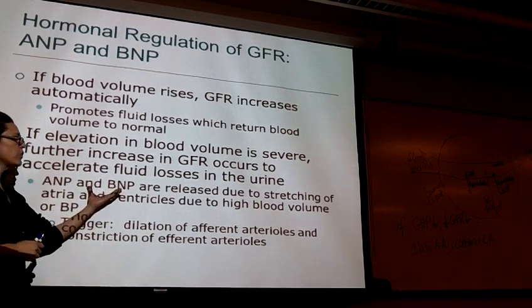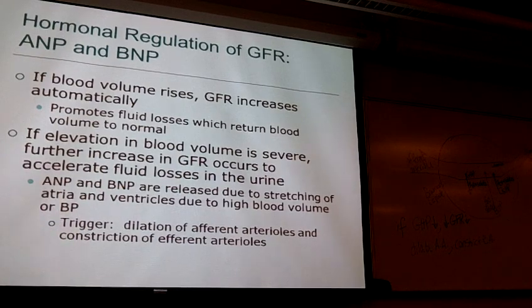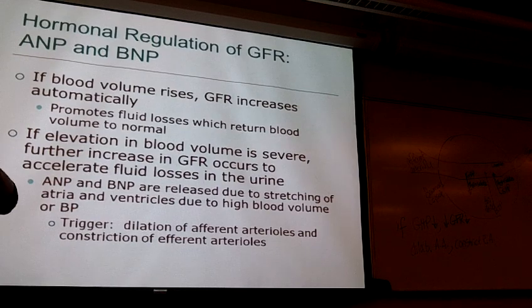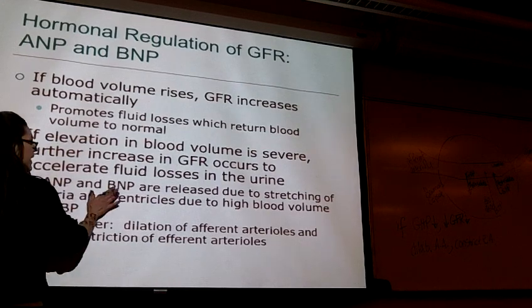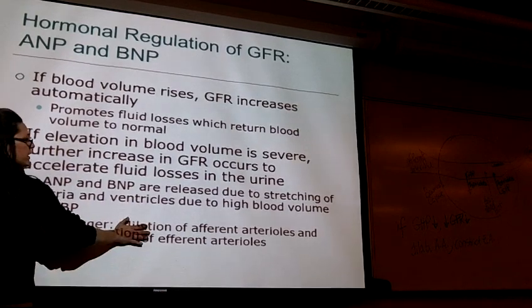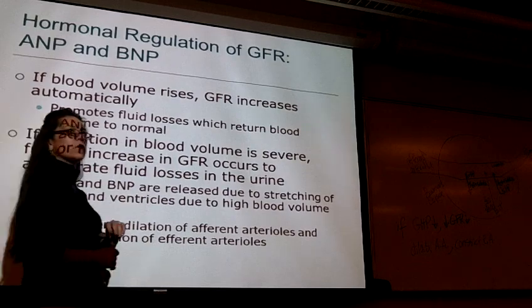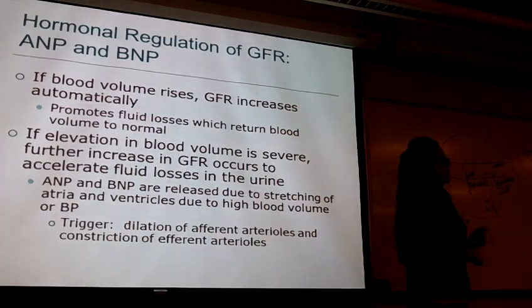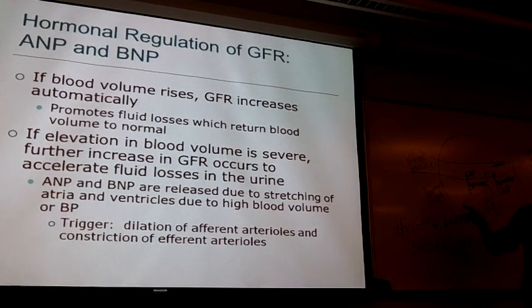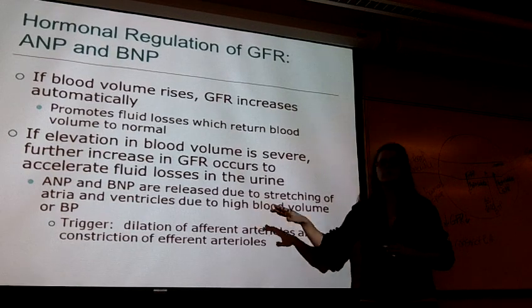And like I said, they're going to work to decrease how much water we reabsorb so that we get that water and put it in the urine, try to get it out of the blood. The other thing that ANP and BNP can do is they can cause the afferent arteriole to dilate and the efferent arterioles to constrict. So let's just think about what that would do. ANP and BNP are released if blood volume is really high, right?